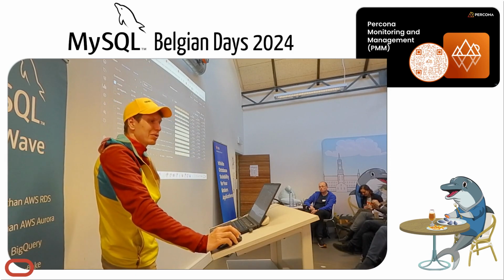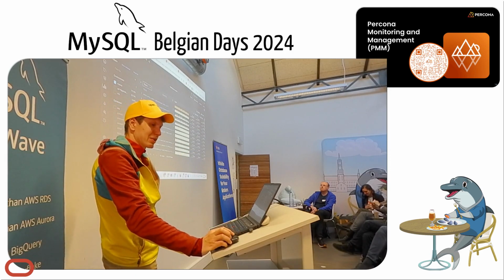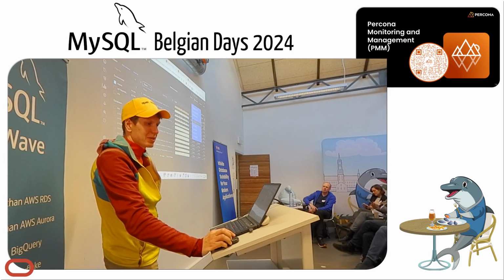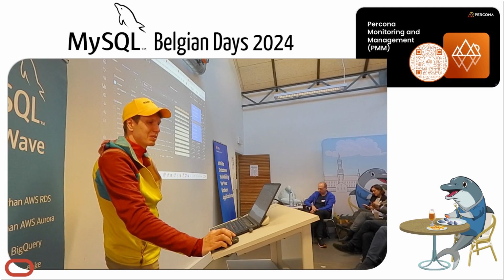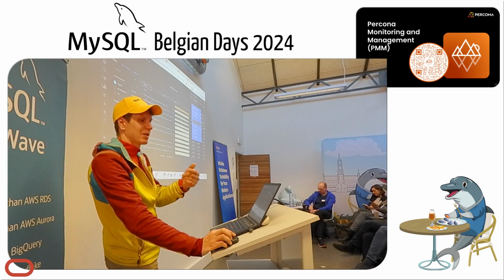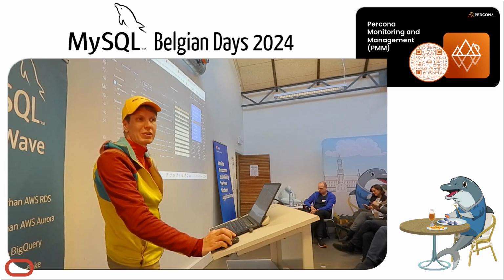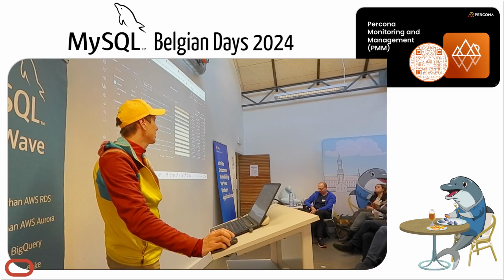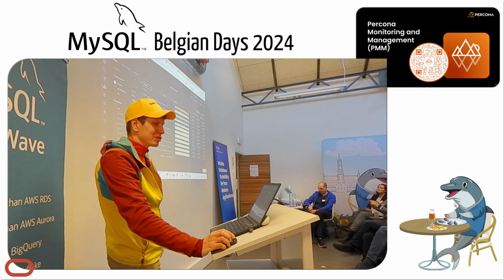We also have additional information about the number of queries, as well as query response time, and you can also look at the distribution of that response time. For example, the 99th percentile is often very helpful in addition to the average.